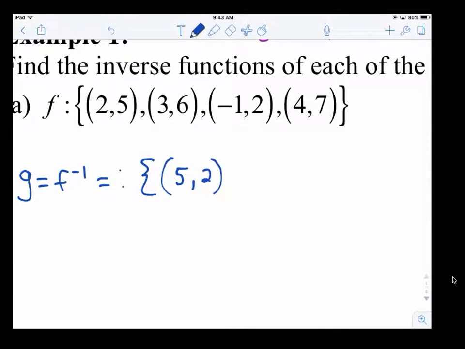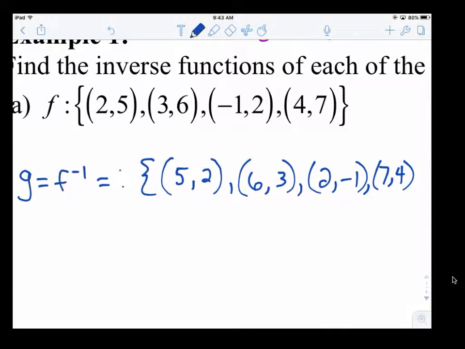Just because they're inverses doesn't mean they're opposites like that; you're really just switching their locations. What would the next point be? 2, -1. And then 7, 4.